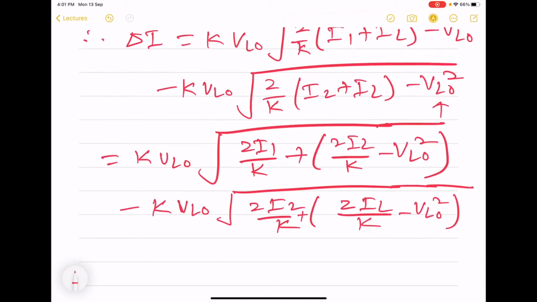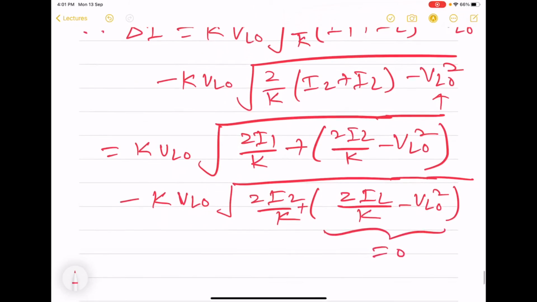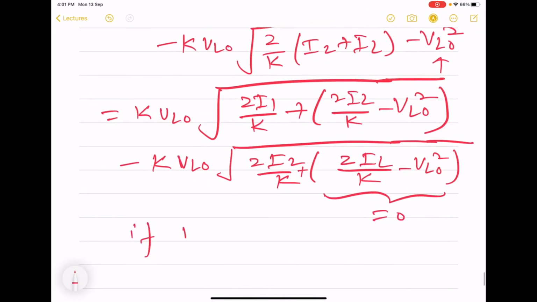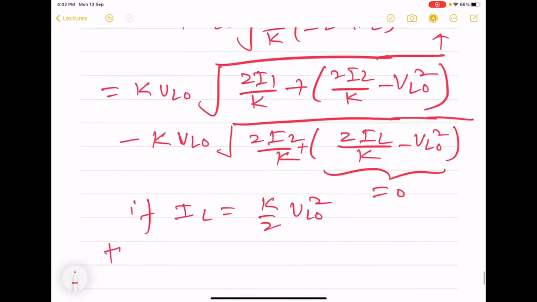So if we take this IL such that this term is equal to 0, if IL is equal to K by 2 VLO square, then the second terms are going to be 0.